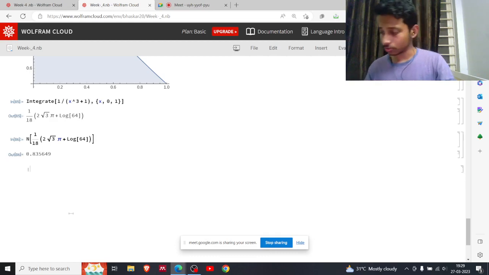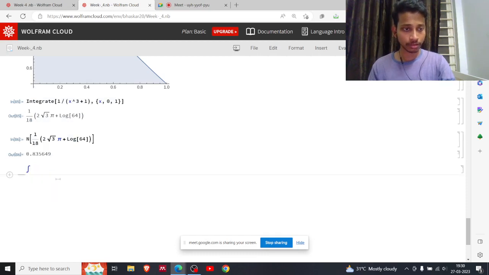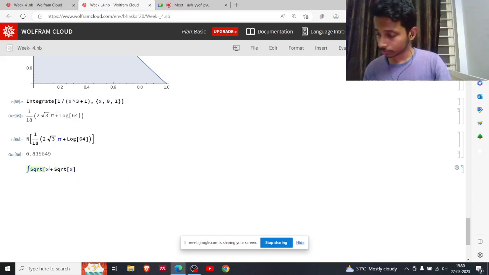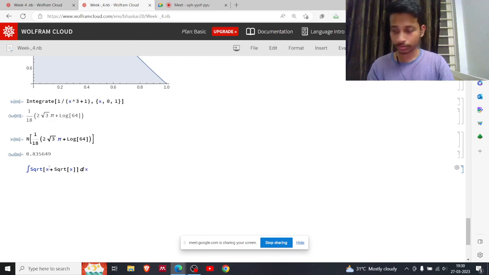Now again we can use this escape button to insert this integration sign. Now here square root of x plus square root of x, escape dd x.